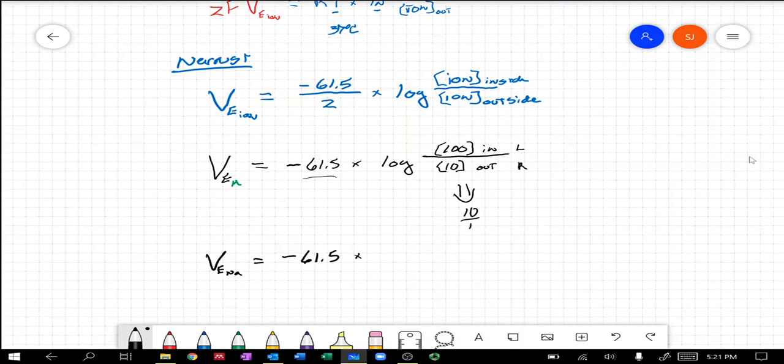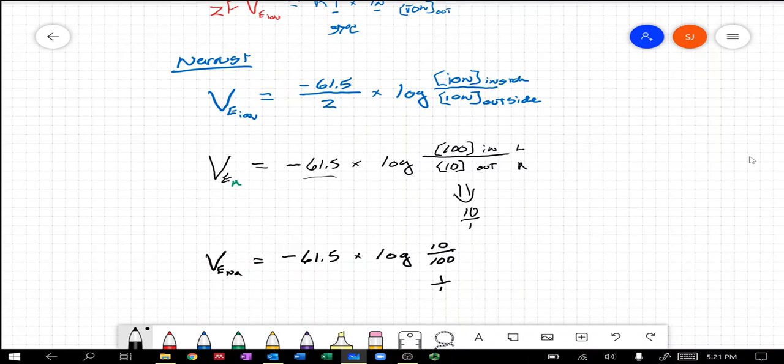You know what? We can just use this formula up here and save us a little bit of time. If you remember the concentrations, it was just flipped. So this is the log of, instead of 100 over 10, it's 10 over 100. And of course, this is going to reduce down to 0.1, right?